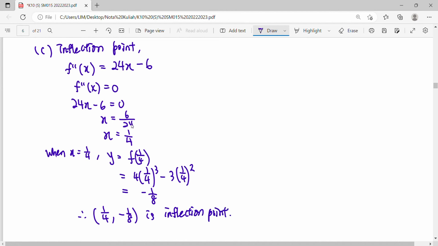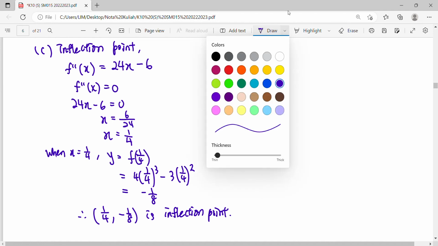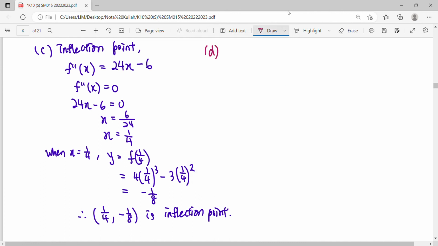So one inflection point, one minimum point, one maximum point. Then lastly, we sketch the graph. Okay, jot down our points. Jot down all the points we need here. What are the points that you have? You have 1/4, negative 1/8.